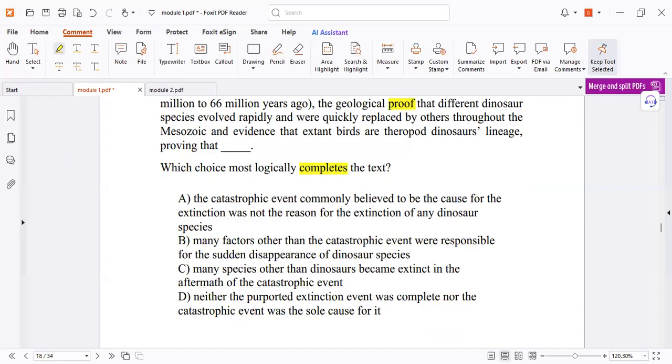Then it should be B. B. Letter B? No. Ah, okay.